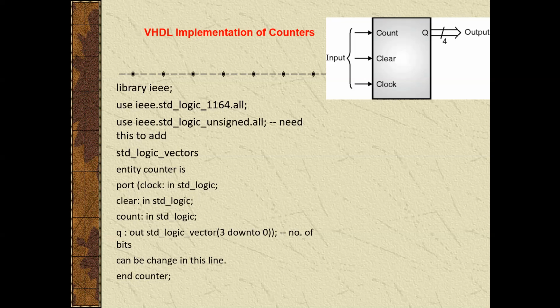So a 4-bit binary up counter with asynchronous clear. Let's see how to write the code for this. The behavioral VHDL code for the 4-bit binary up counter. Here the figure shows the binary up counter. The statement used here, use IEEE.std_logic_unsigned.all, is made in order to perform the addition on the std_logic_vector.